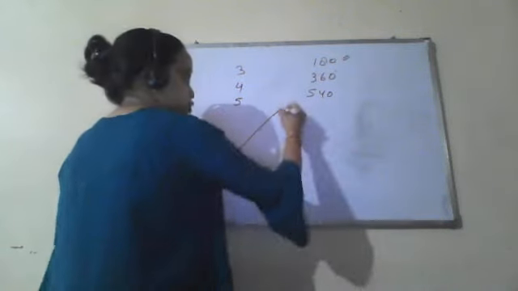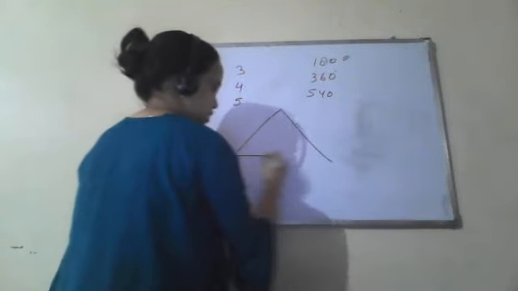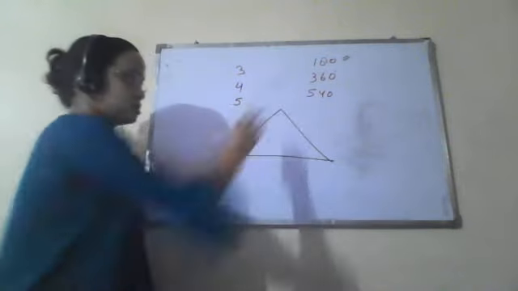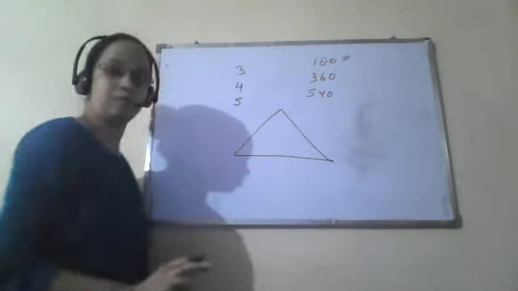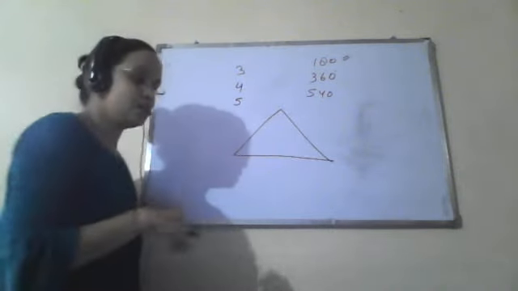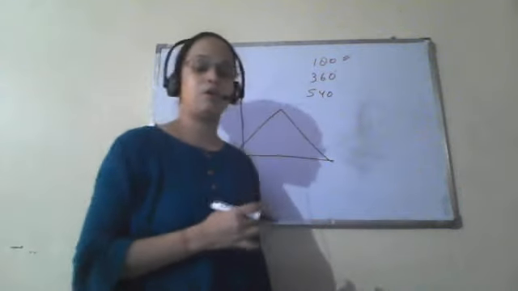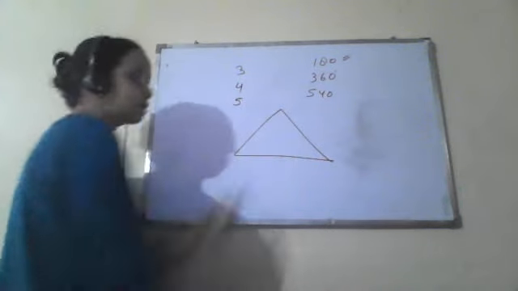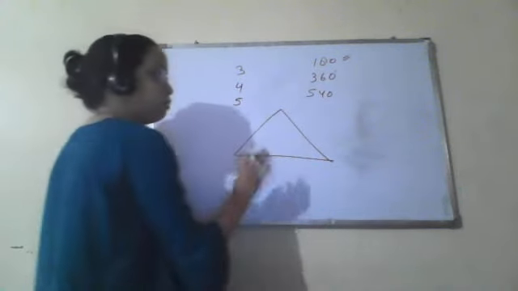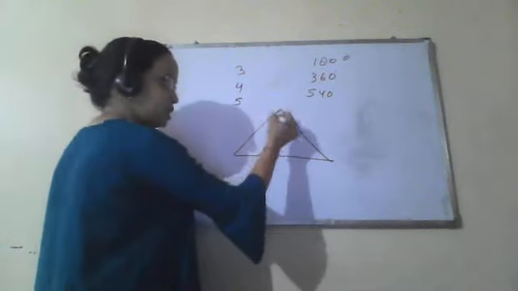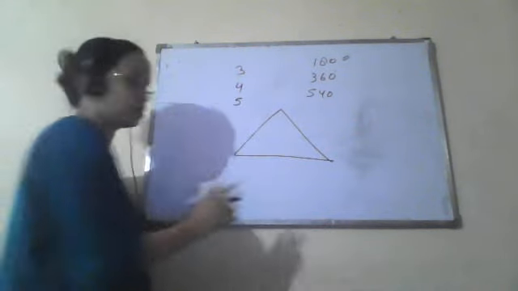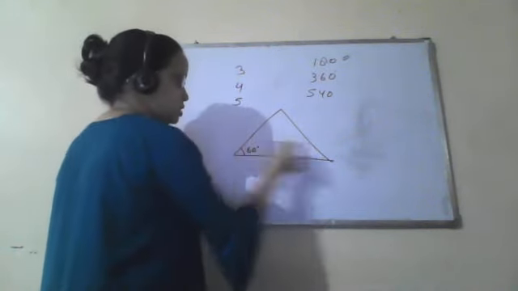So we can consider an equilateral triangle, because the sum of angles of a triangle is 180 degrees, and in this case we have to find it for a regular polygon. So an equilateral triangle is a regular polygon, because each angle is equal and each side is equal. So each angle will be 60 degrees.